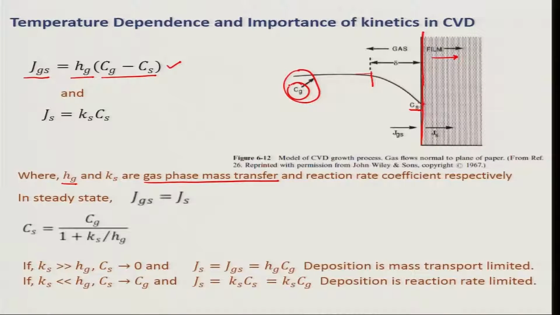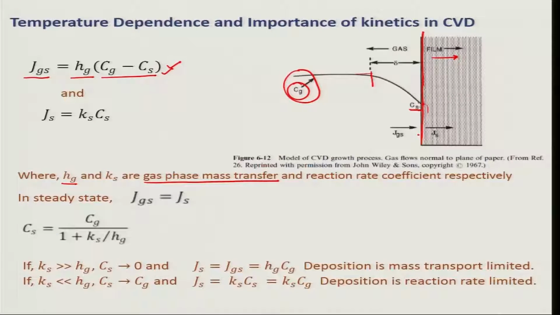Now, at the surface, whatever the flux is, we do not want a buildup of concentration here, so that this concentration difference drops below a certain level, because then it will stop the diffusion. If there is more concentration here, then the reaction rate will be higher, and it will try to keep the same flux from the gas phase.